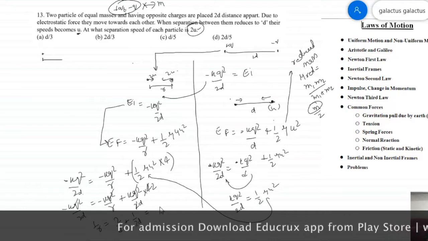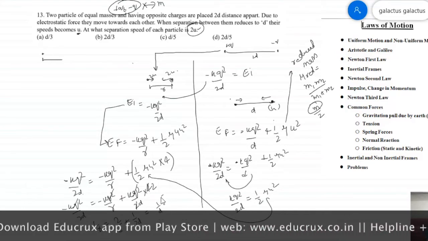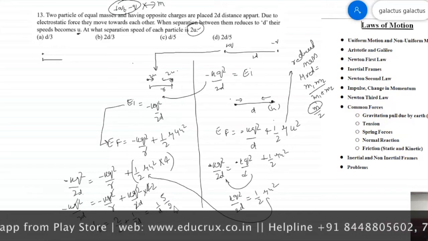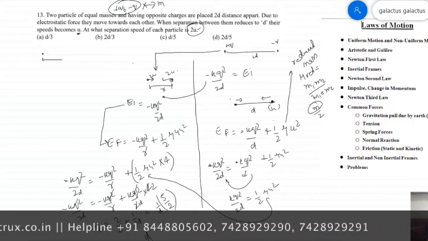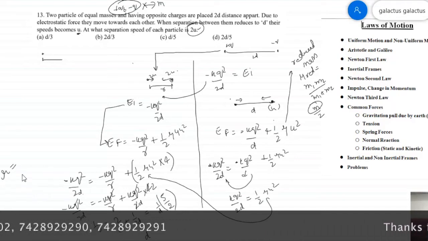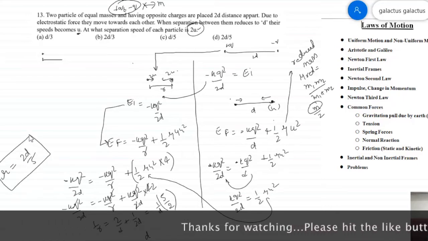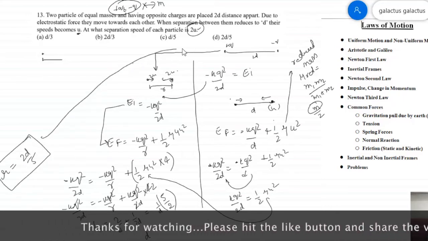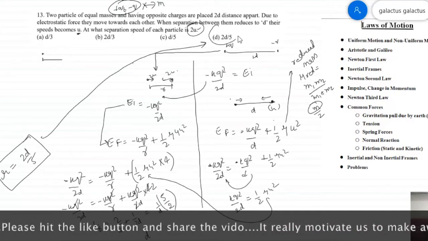If I now evaluate it, it will be 1 by d into 5 by 2. So r is now equal to 2d by 5. So this matches option D. So this is our correct answer.